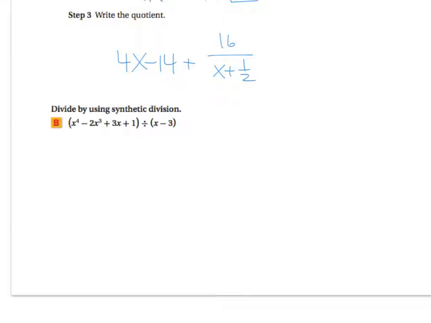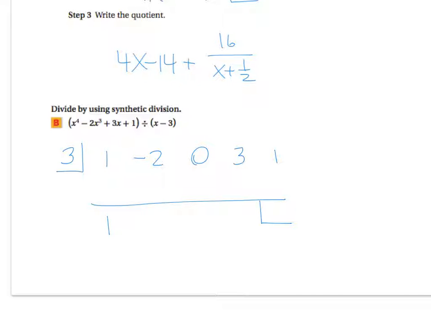In the second example, you see that we're already in x minus, so my A is 3. Standard form, I have a 1 for an x to the 4th, negative 2x to the 3rd, no x squared, 3x, 1 constant.